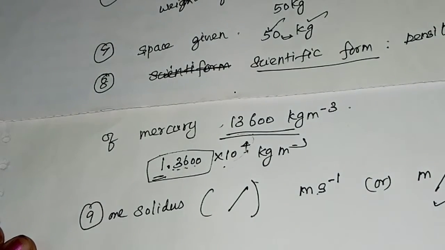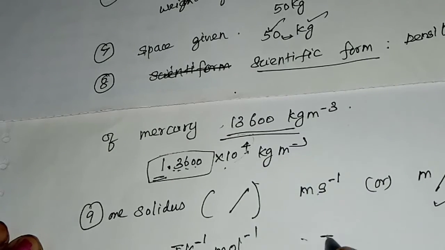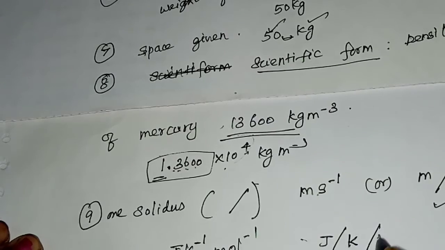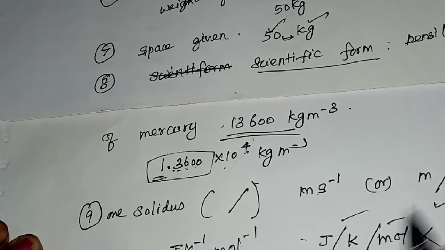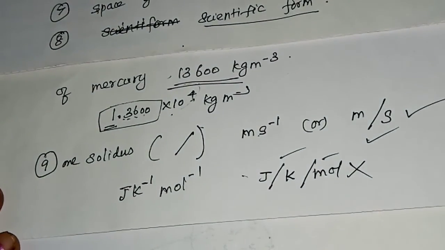Only one solidus should be used. For cases like joule, Kelvin power minus 1, mole power minus 1, you should not use J per K per mol. No two solidus should be used. Only one solidus is recommended, not more than that.